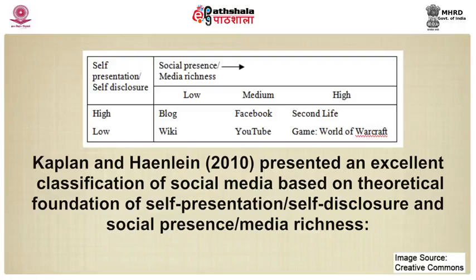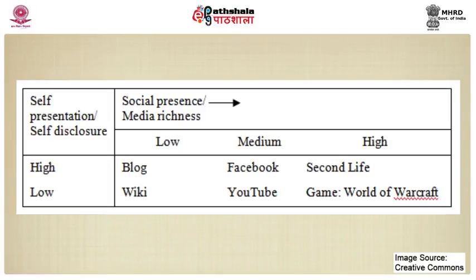Kaplan and Haenlein, in 2010, presented an excellent classification of social media based on the theoretical foundation of self-presentation, self-disclosure, and social presence and media richness. As you can see from the table on the screen, social media can have high or low presentation and disclosure, and can also have low, medium, or high social presence and media richness.